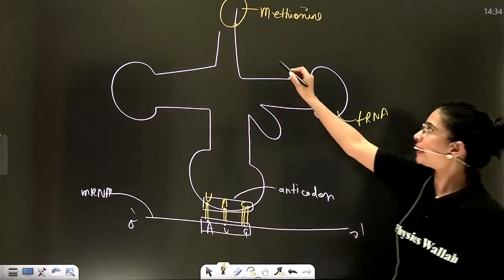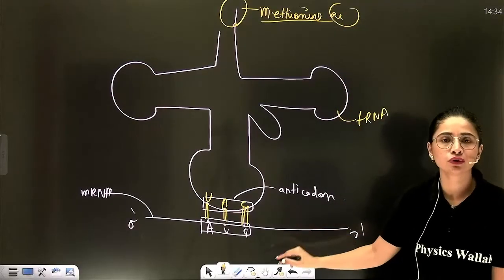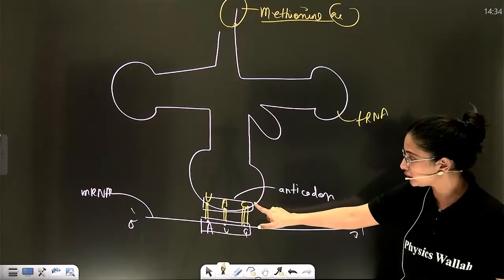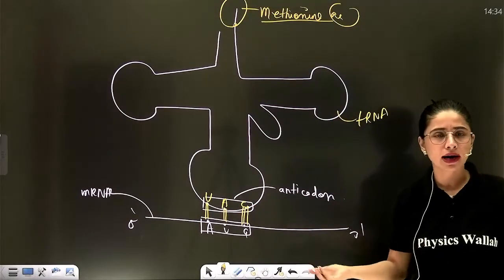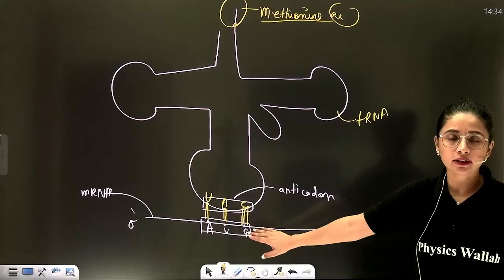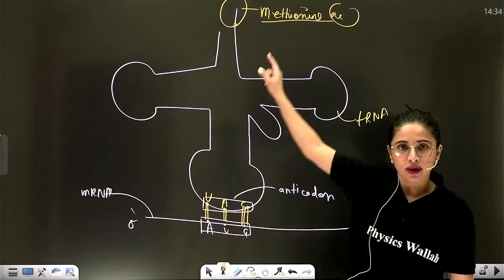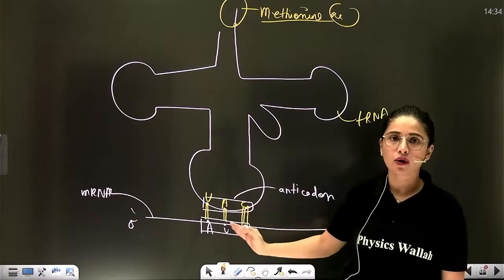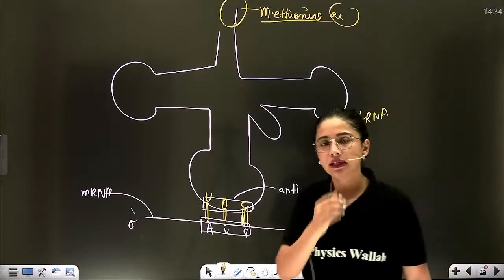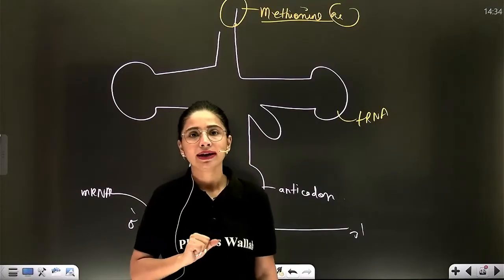It is joining amino acid with the specific codon on the mRNA, with the help of its anticodon loop and amino acid binding arm. The anticodons are complementary to the codon present on mRNA, and whatever amino acid is brought is according to the codon present on the mRNA. This is how tRNA functions, and tRNAs are specific to specific amino acids.